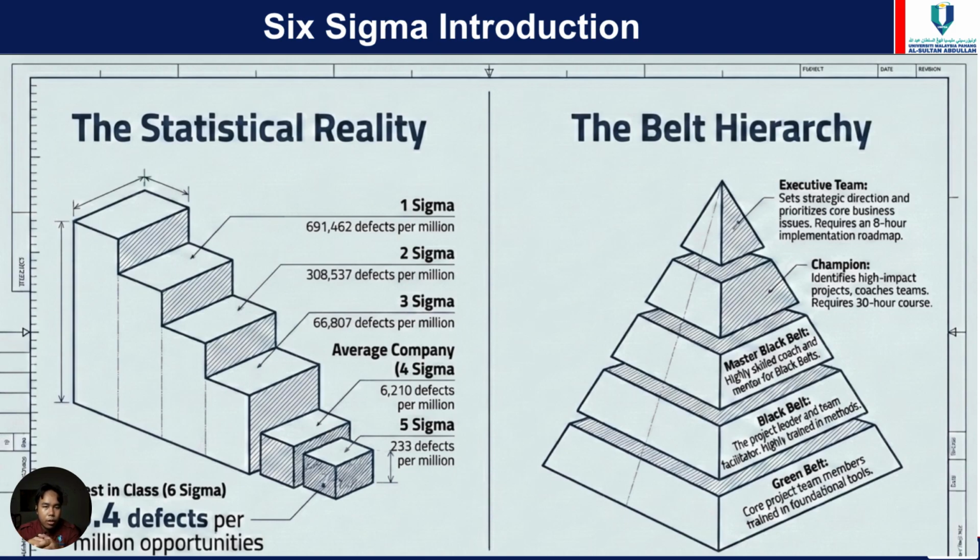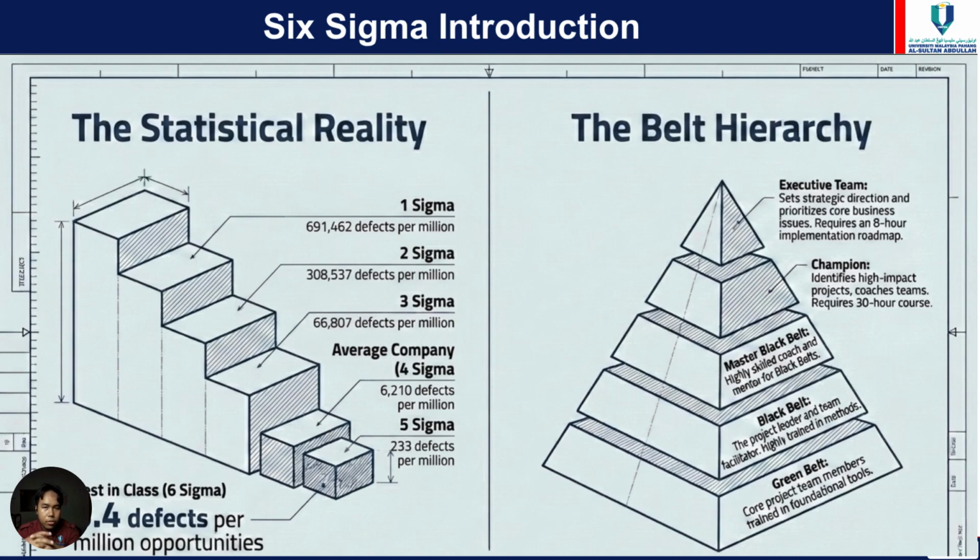When we start at one sigma, we detect around 691,462 defects per million, and then we try to be as specific as possible until we reach six sigma, which is the best, where we detect 3.4 defects per million opportunities.